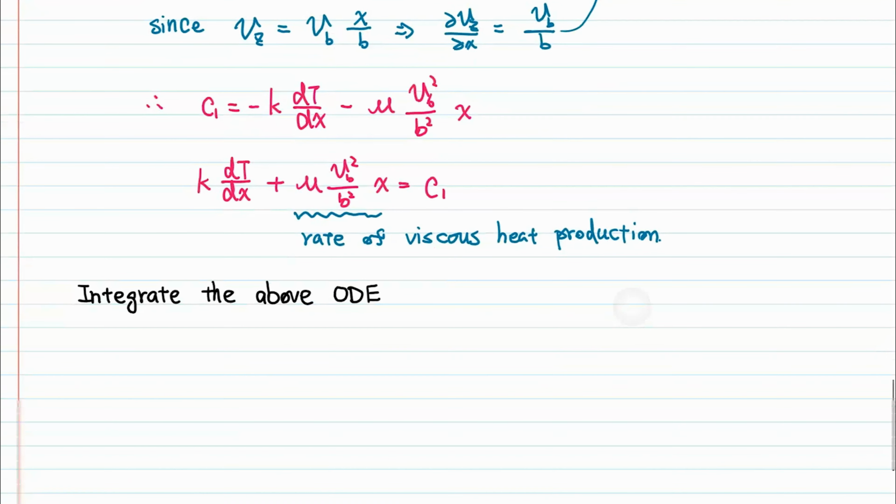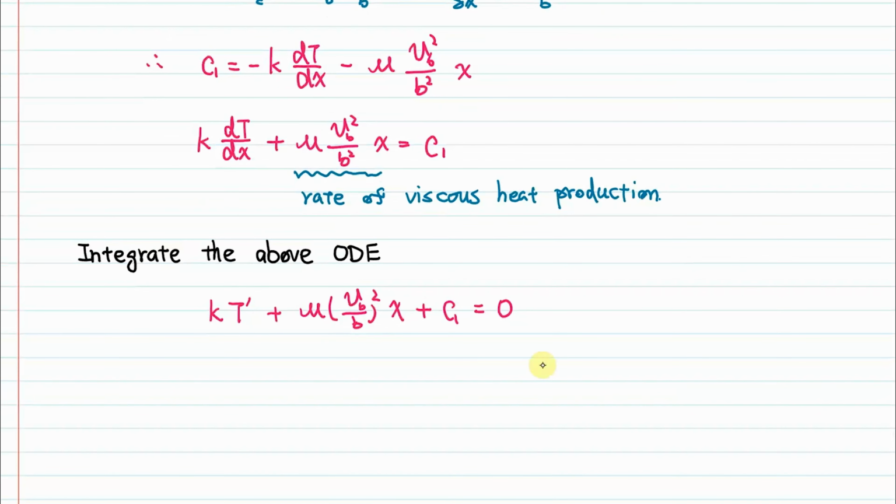So we have k T prime plus mu vb squared over b squared x plus some constant C1 equals 0.